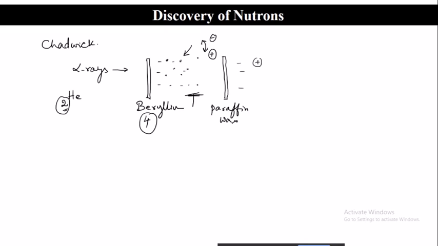Cathode rays and anode rays have charge, and therefore they deviate in an electric or magnetic field. But these neutrons are neutral, so they do not deviate. Because it is neutral, it is given the name neutron. So that is the discovery of the neutron.